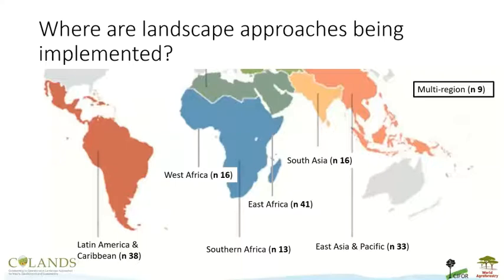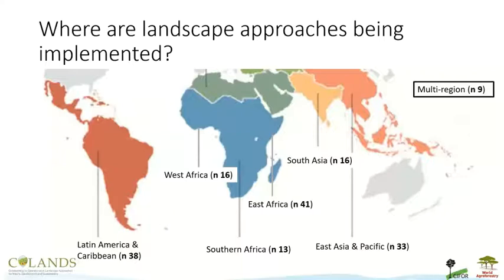But we're also aware that these approaches are not easy, and you're trying to manage a complex landscape with lots of different interacting components. And so the reality really is that you're not likely to achieve win-wins or triple wins. The more realistic outcome is that there's going to be trade-offs.